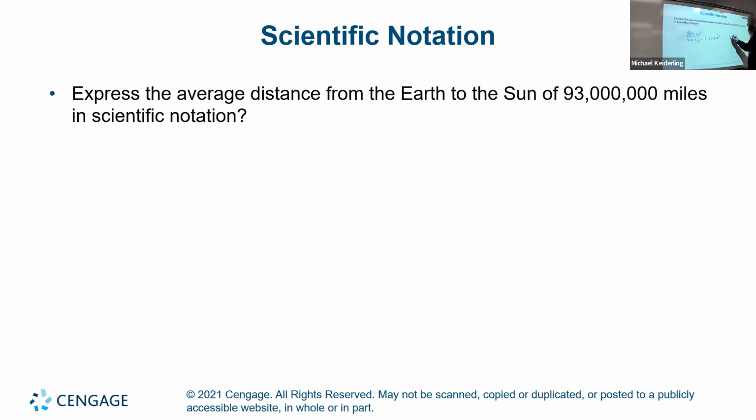And so also if you had like 4.0 times 10 to the 7 times 5.0 times 10 to the 4, 4 times 5, that's 20. And then 10 to the 7 times 10 to the 4, 7 plus 4, that is 11. So this is 20 times 10 to the 11.